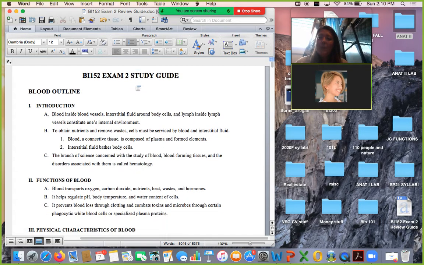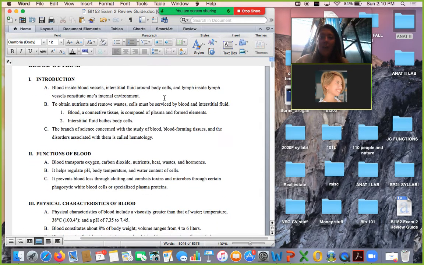So, we will start with talking about blood. Basically, blood has the objective to transport oxygen, carbon dioxide, nutrients to the cells, and carbon dioxide obviously away from the cells, heat to the cells, waste away from the cells, also things that go into global circulation like hormones.